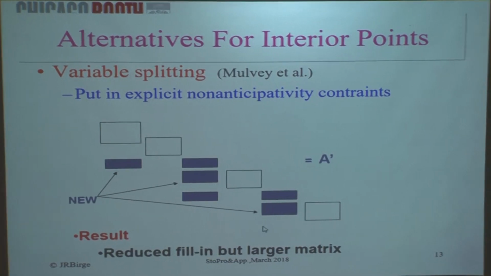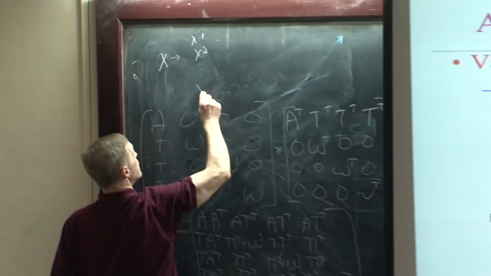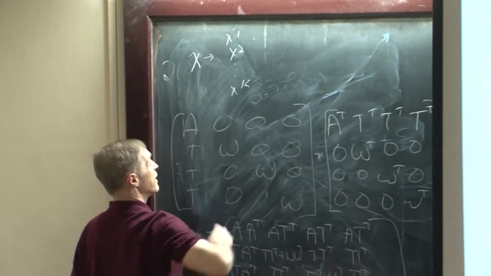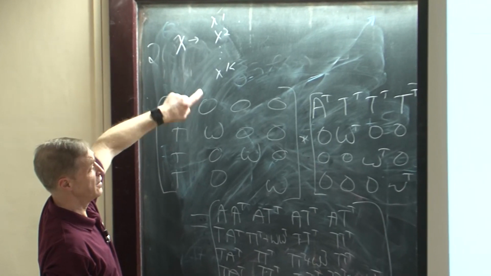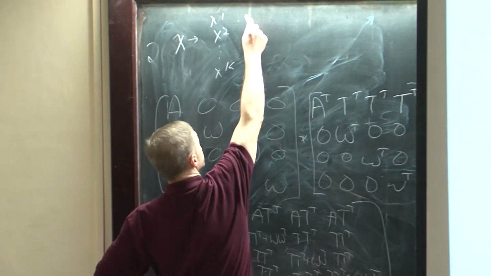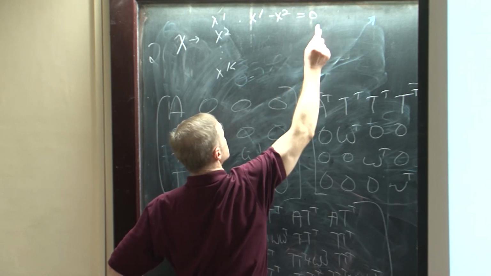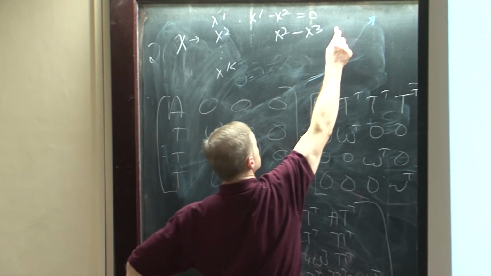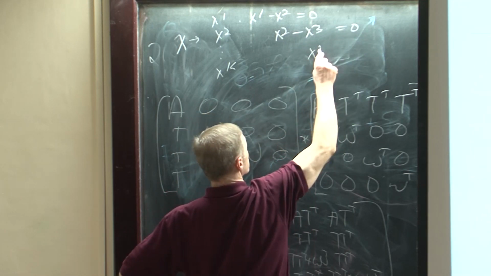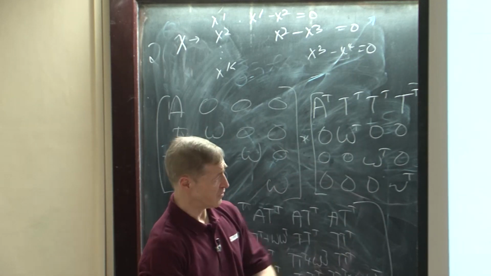So I take X and I turn it into X1, X2 through XK. But now I need to have them be non-anticipative. So I add in a constraint that says X1 minus X2 equals 0, and then X2 minus X3 equals 0, and X3 minus X4 equals 0. So that's what these constraints are.